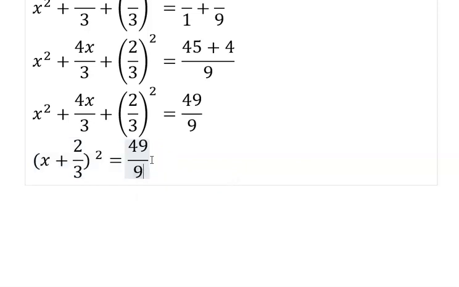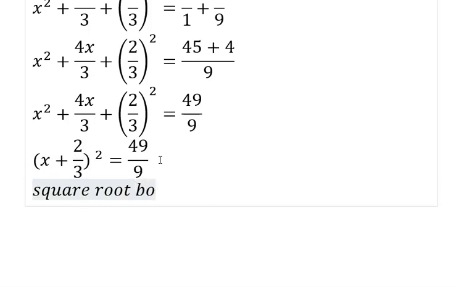Using that same method, I deliberately pick this question that has coefficients so you can eliminate it. Now, we just need to square root both sides. Square root both sides.